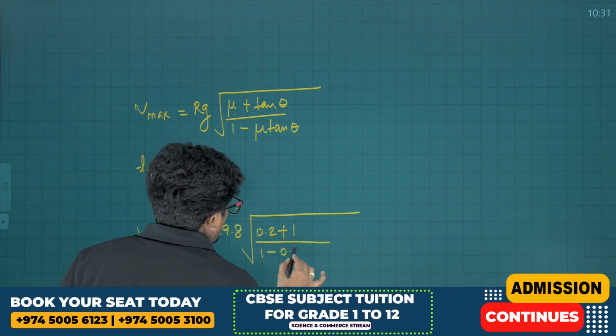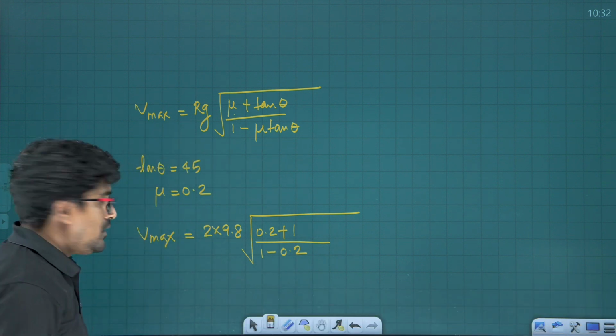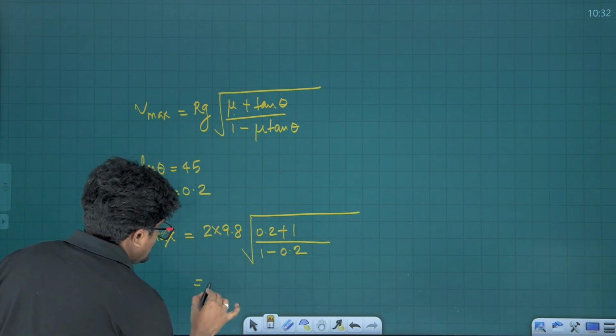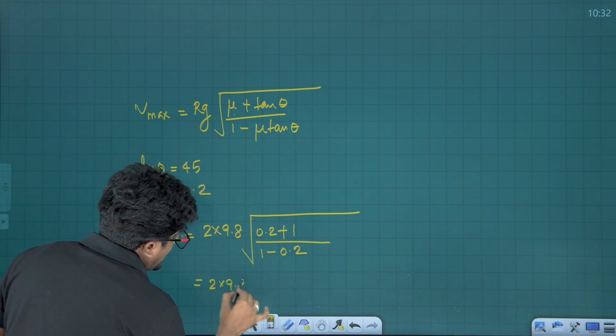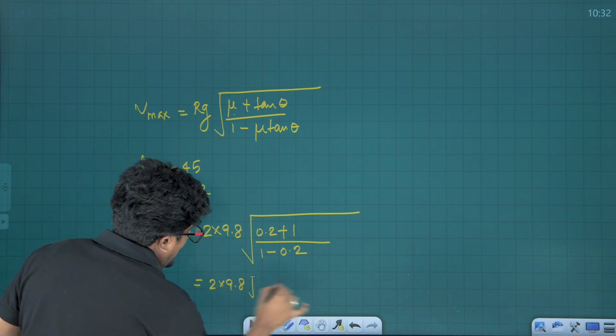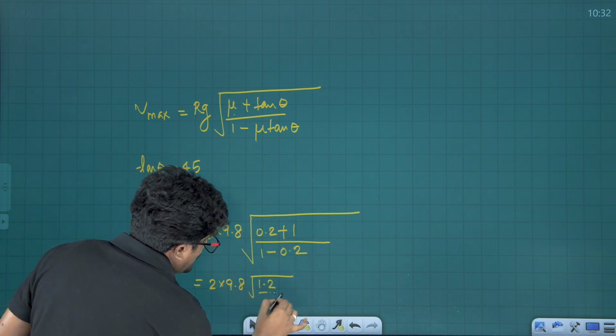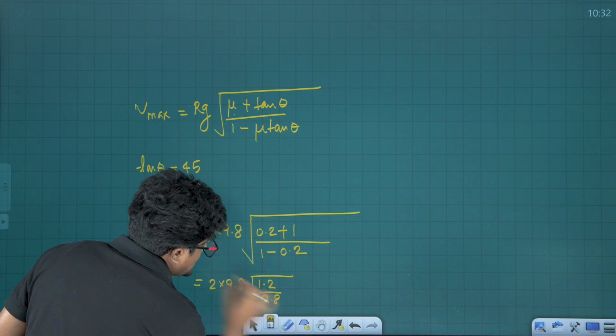So here this is 2 into 9.8 all divided by, here this is 1.2 upon 0.8.